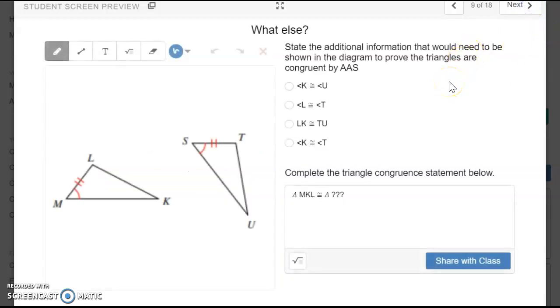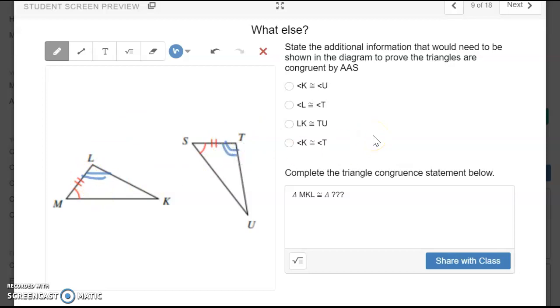All right, then state the additional information that would be needed to prove by angle, angle, side. Okay, so I need angle, angle, side. So I have one angle here. I need another pair of angle. If I put the congruent angle pair to be here, what would this be?